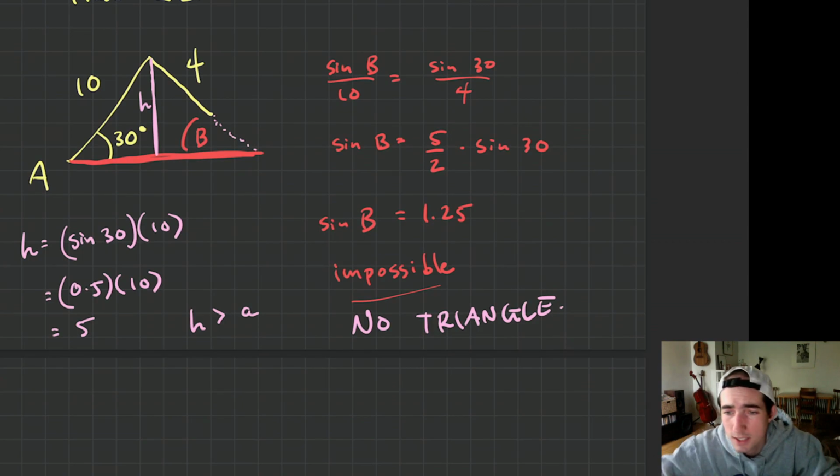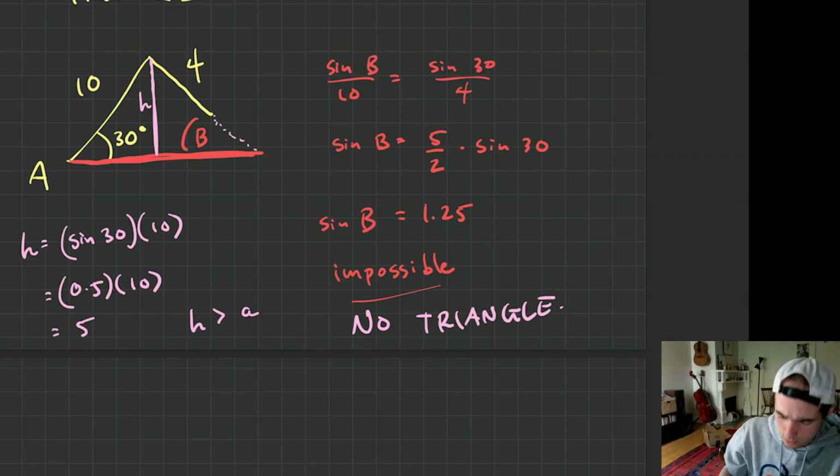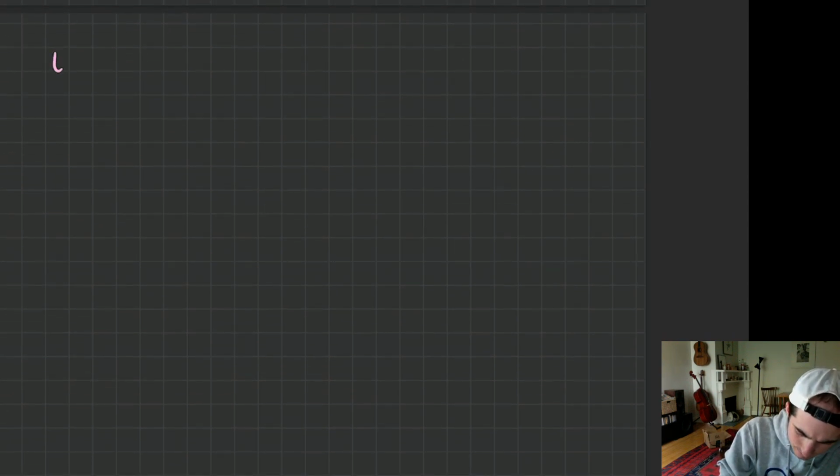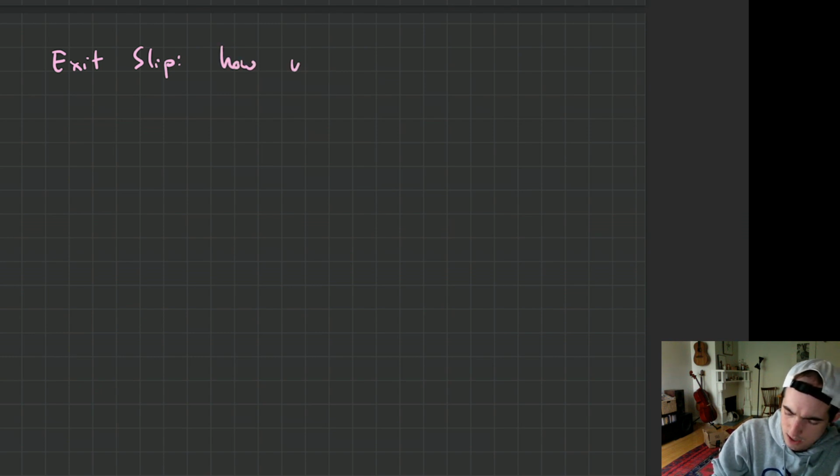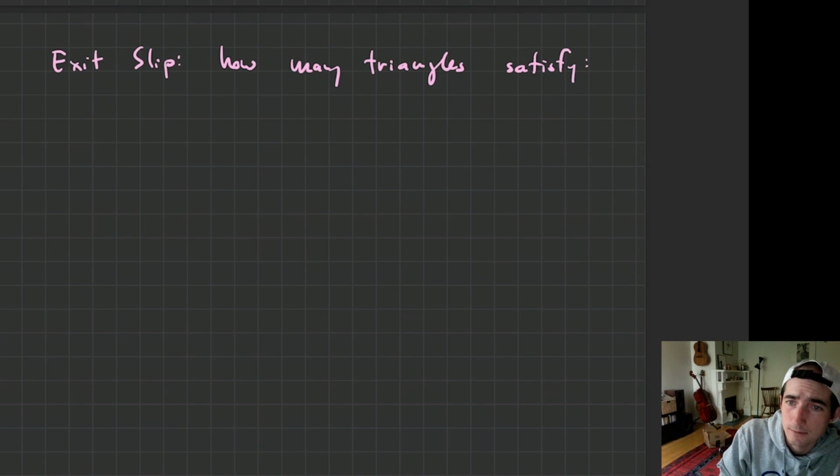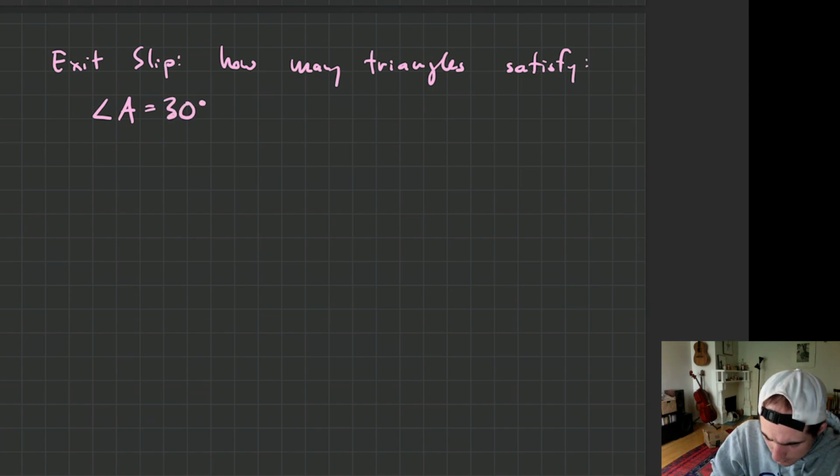I'm going to give you one more here, and this will be your exit slip. How many triangles satisfy angle A equal to 30 degrees, A equal to 7, and B equal to 10?